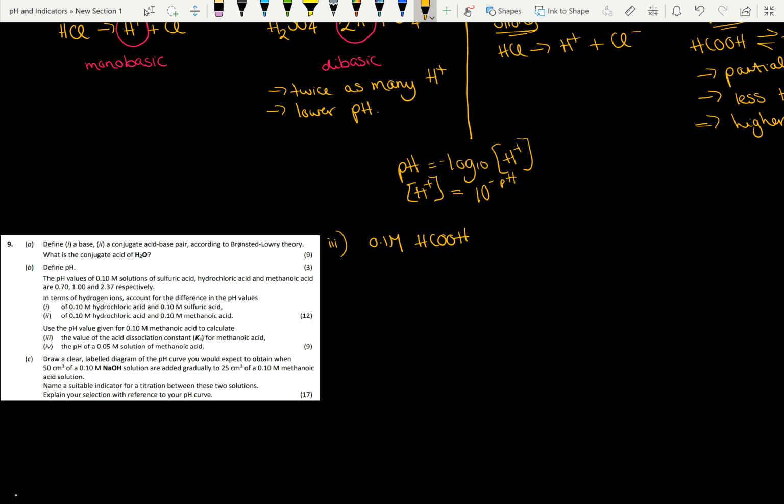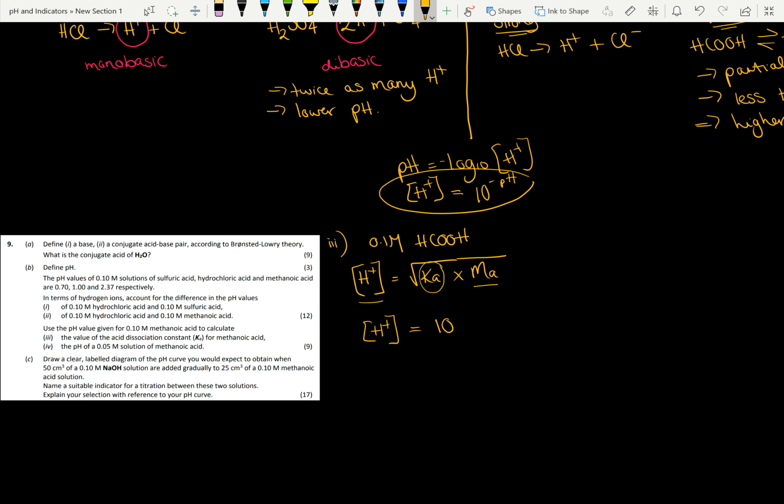It's a weak acid, so I know I'm going to have to use my equation that takes into account the Ka and the Ma. Now, how am I going to calculate this Ka when I know the Ma, but I don't yet know the hydrogen ion concentration? I can calculate it using what I've just written up here.